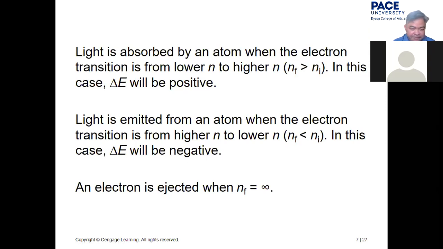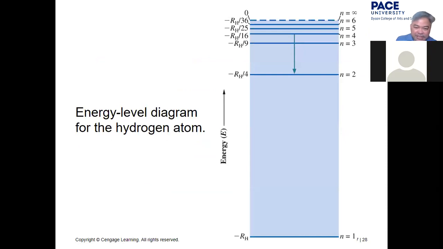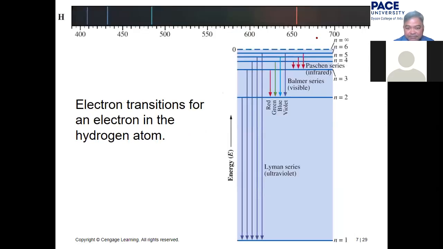Okay, and from this he ended up having an energy level diagram for the hydrogen atom, like this one. So each of these transitions that you see here represents your line spectrum. So if you're going to look here, this is the hydrogen, and this is the basis of your experiment 10.